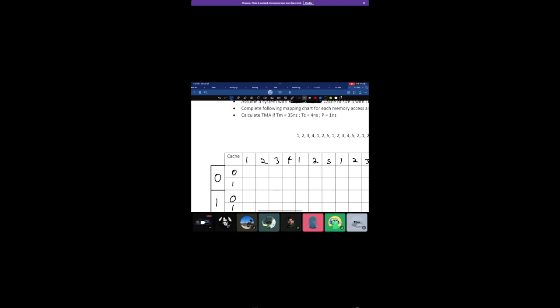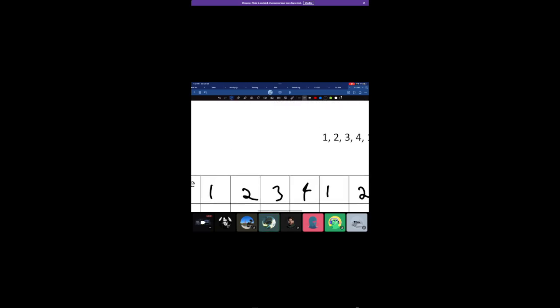So to do this, we take the address itself and we mod it by the number of sets, and that'll get you which set we're going to put our element in. I'll just call it set.